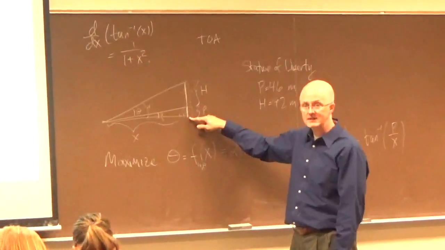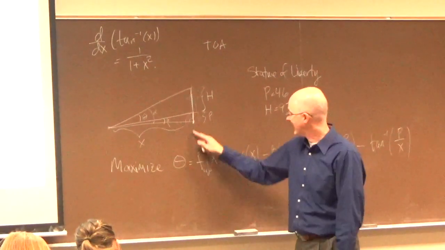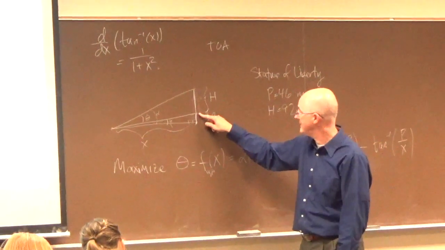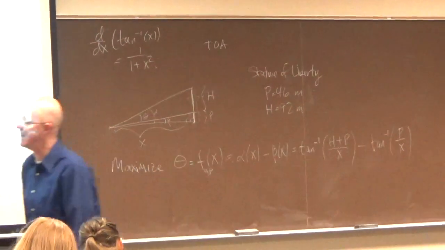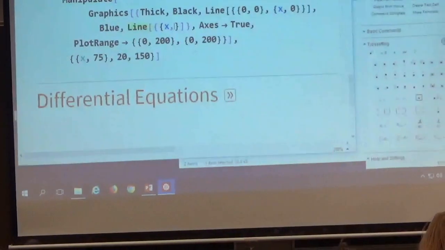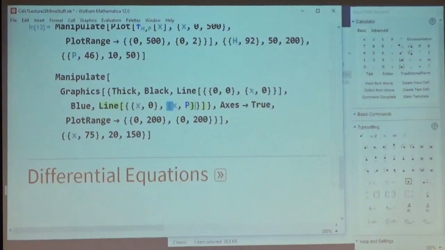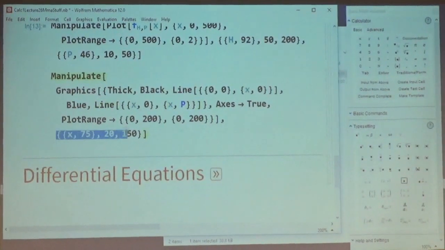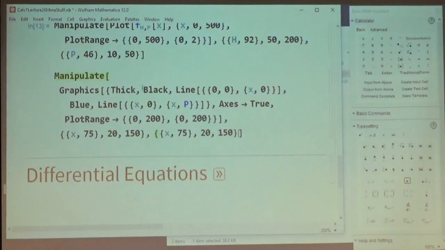Where does that line segment start? It starts at this point, x comma 0, and goes up to x comma p, I guess. I guess I'm going to have to animate with p as well. x comma 0 and then x comma p, but Mathematica needs to know what p does. I'm going to put it in there. The height of the pedestal.